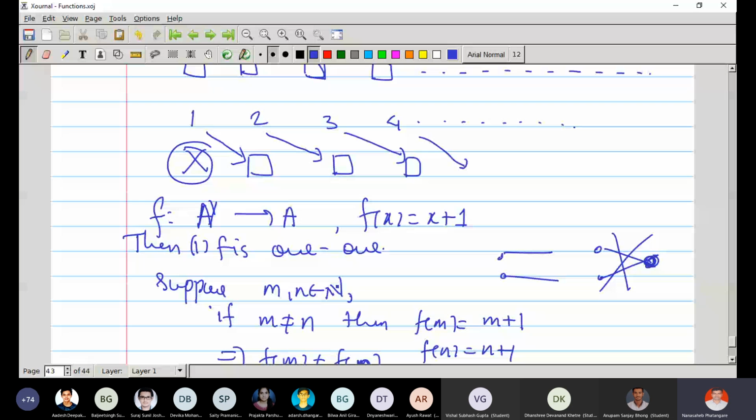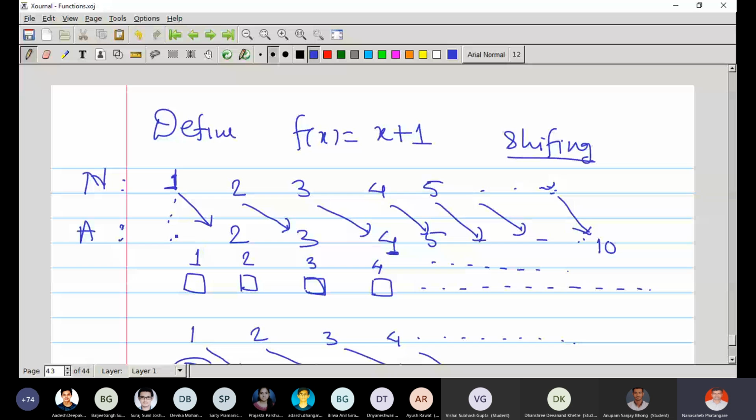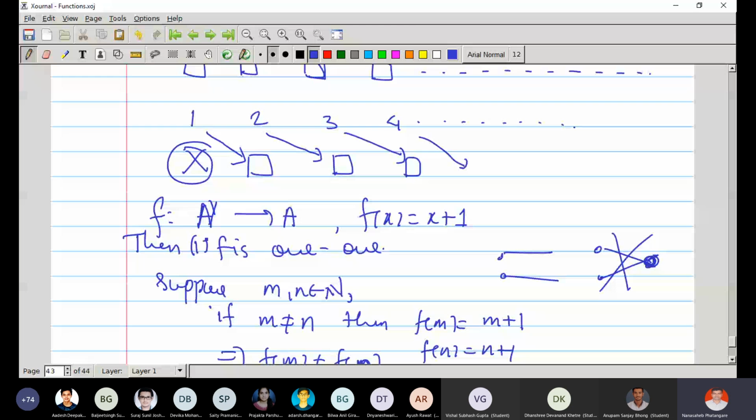What it suggests is that N has infinitely many elements. From infinitely many elements, if you remove one element, the number of elements is the same. That means infinity minus 1 is always infinity. From a sea, if you remove one glass of water, how much water is left in the ocean?